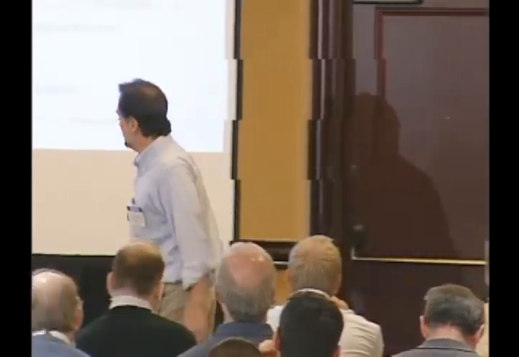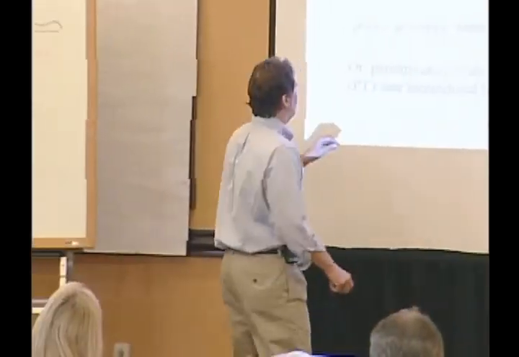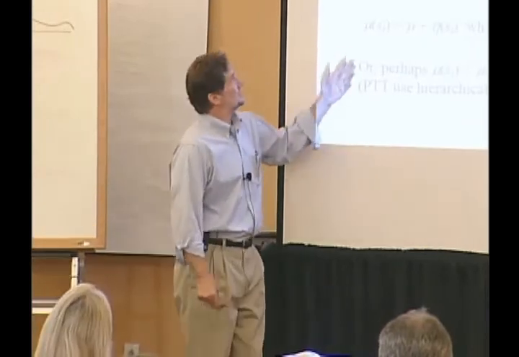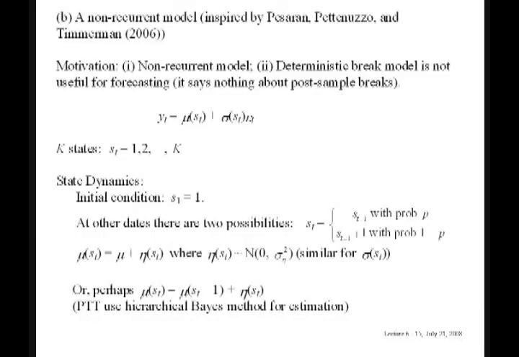Okay, so one thing you might do, and this is what they did. They said, in my simple model here, let's just think about the mean. The mean's the only thing that's changing, right? They say the mean in a given state is equal to an overall mean, plus something that makes it different.